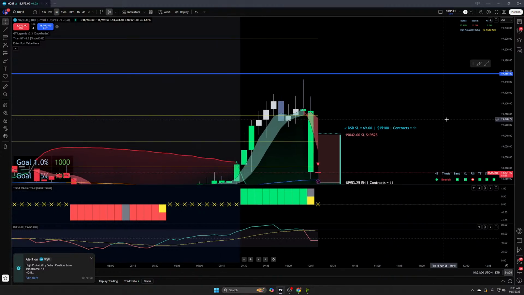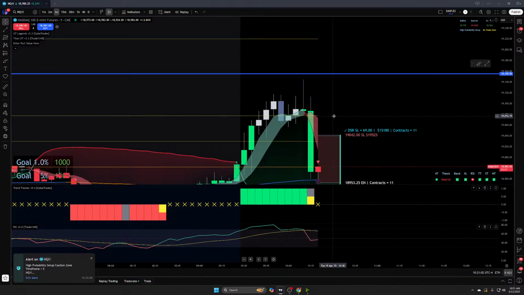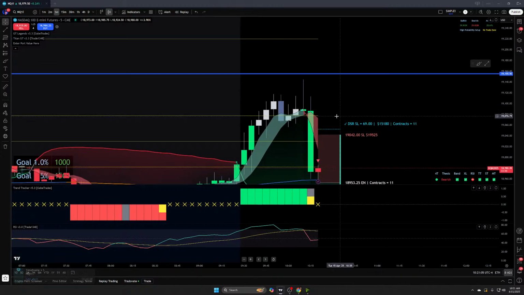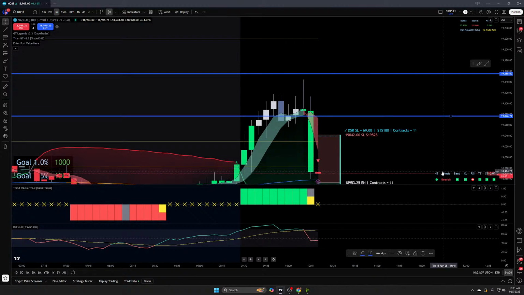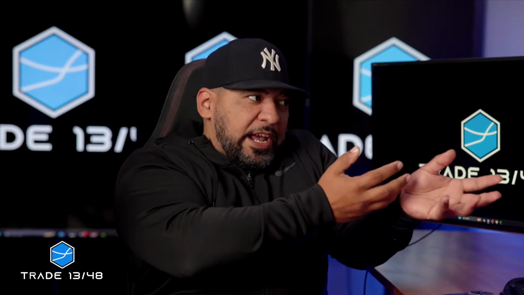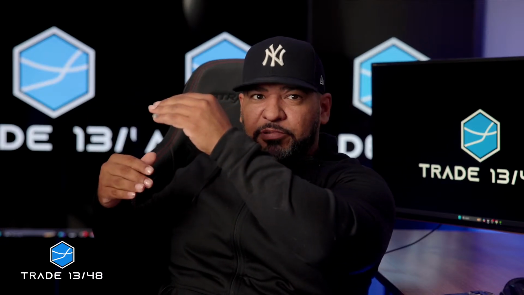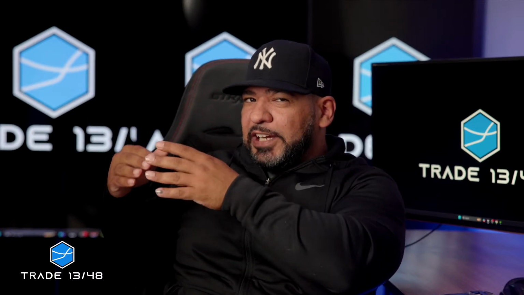And of course I would have made a lot more money if I set my stop here, because that would have been my risk, because I want to discount my risk in objective areas. So would the DSR have worked? Yes, but my risk would have been at a premium. I'm already entering a high-risk trade, so I need to be extra cautious, right, guys? Makes sense?